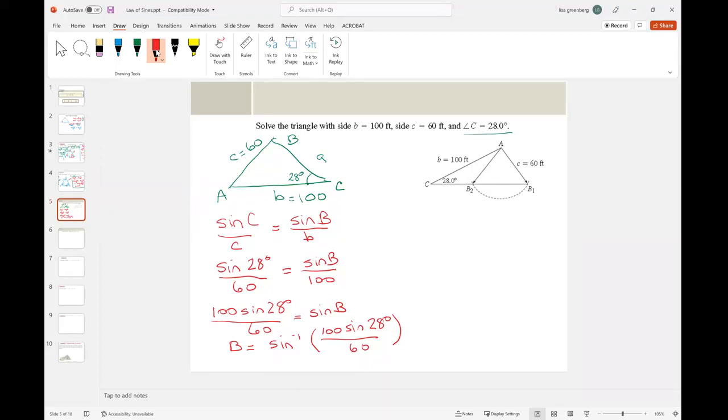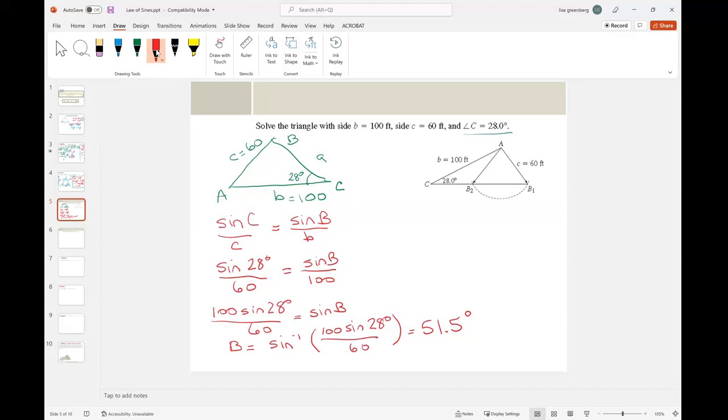We have 28 degrees sine, 100 divided by 60. And I'm still in degrees, so I want the inverse sine of that. And this equals, let's say 51.5. I'll just round it to one decimal place. So now I know that I have B equals 51.5.